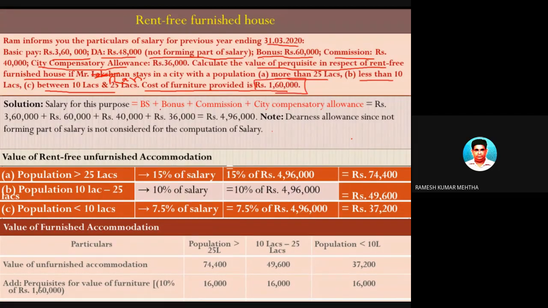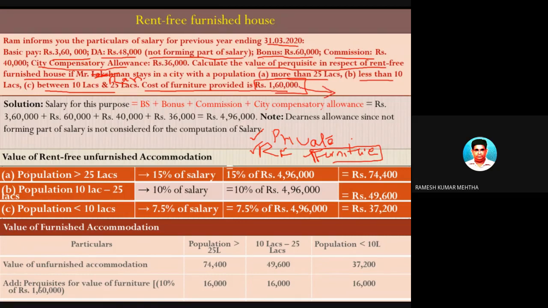Please remember this. I will repeat once again. Number one, this person is working in a private organization. Number two, he has been provided with rent-free accommodation. Number three, he is provided with furniture also, which means the house where he is going to stay has been provided by the employer along with furniture, and the value of the furniture is as given in the problem, 1,60,000.